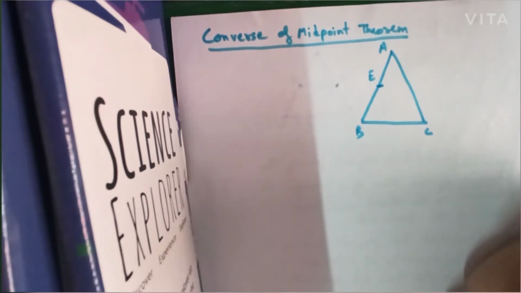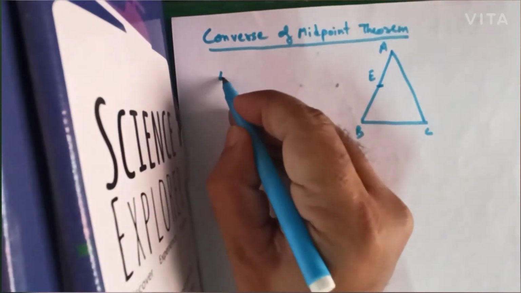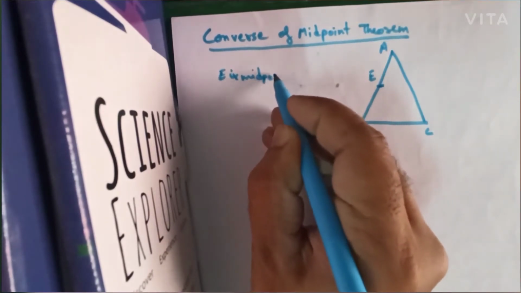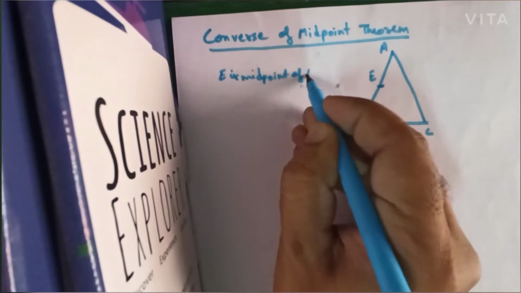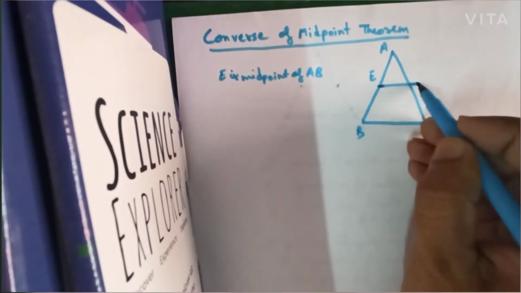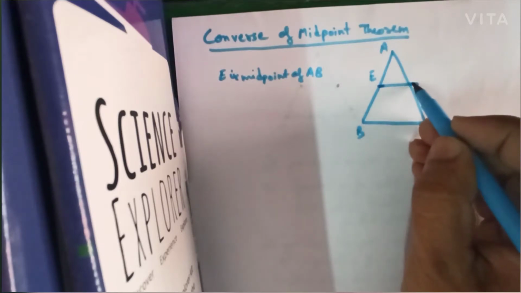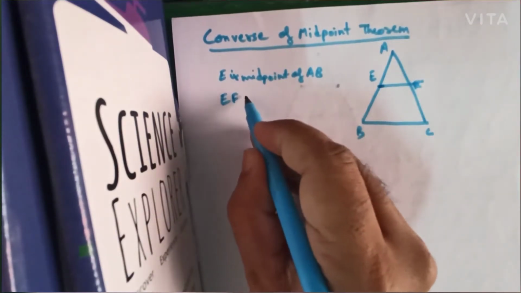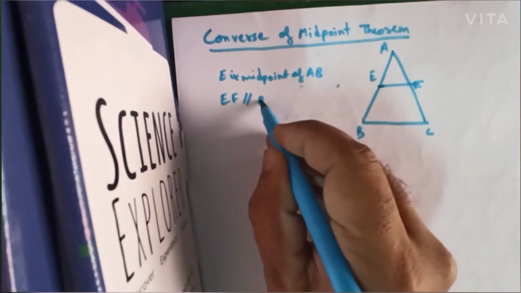E is the midpoint of AB. If E is the midpoint of AB and EF is parallel to BC.